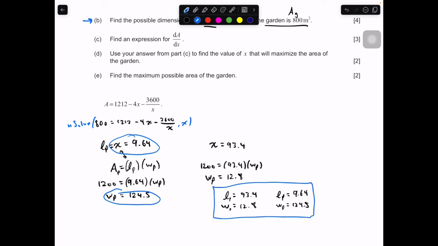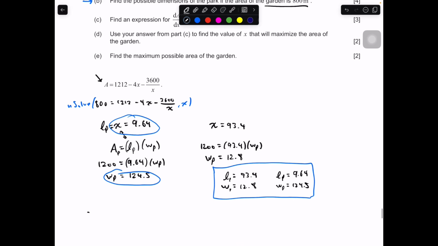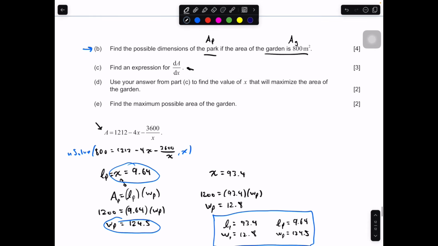Okay, getting there. Find an expression for the derivative of this area function. So let's go down to part C. If area is given by 1212 minus 4x minus 3600 over x, they're asking us to find the derivative.